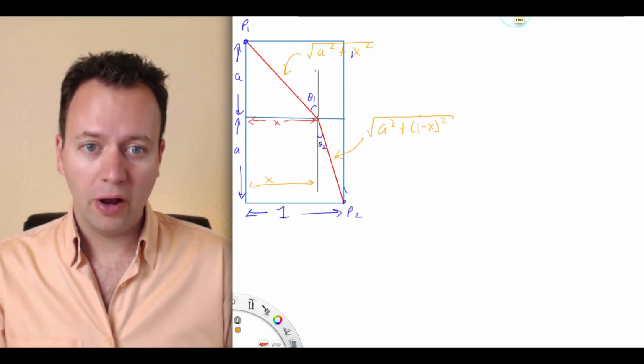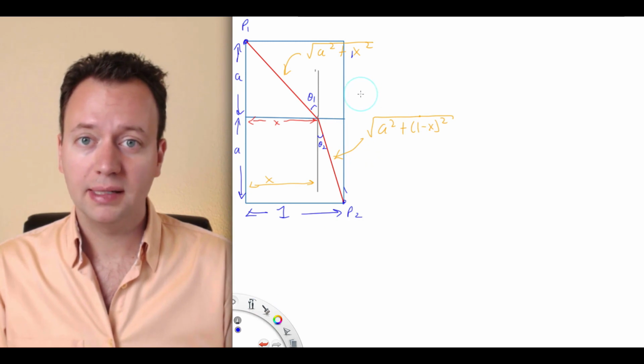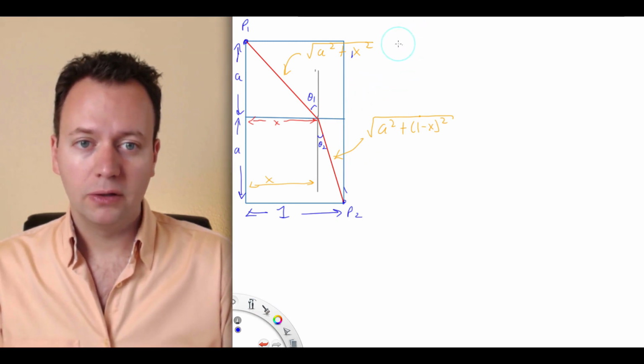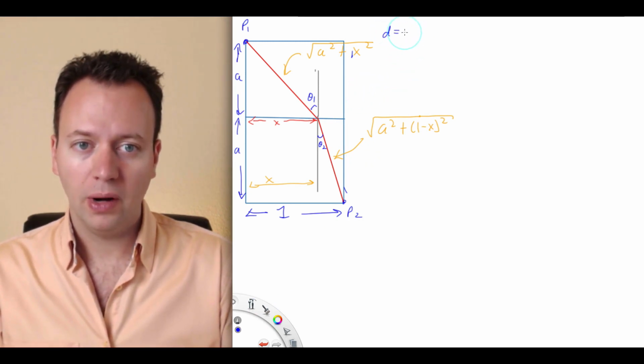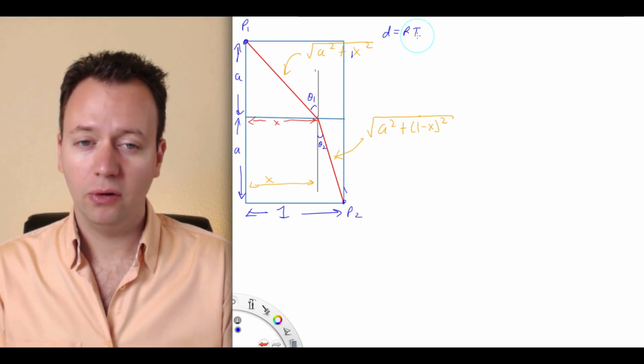Okay, so now we can figure out the total time. Because we know that distance is equal to rate times time, the time that it takes to travel is going to be the distance divided by your velocity.